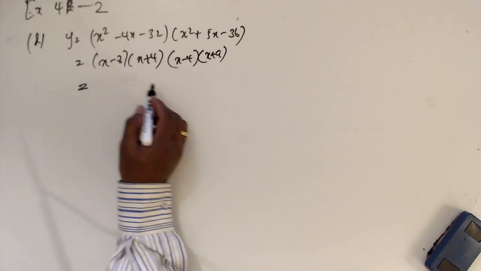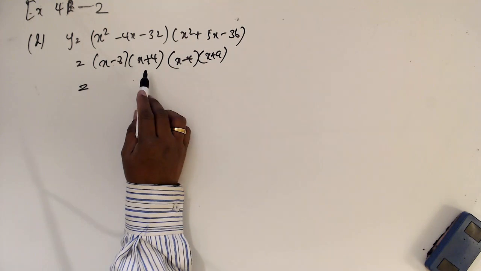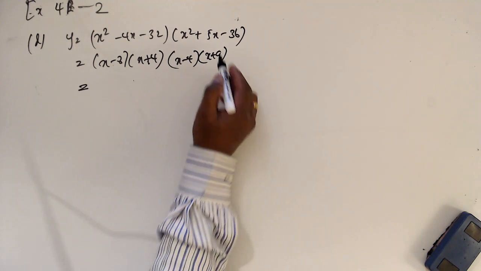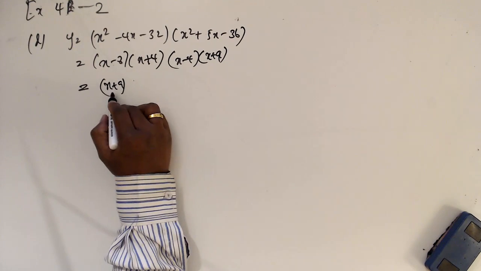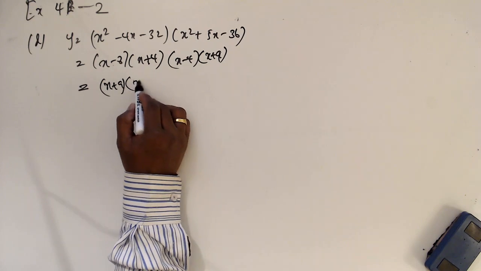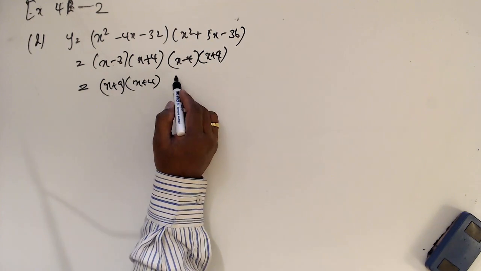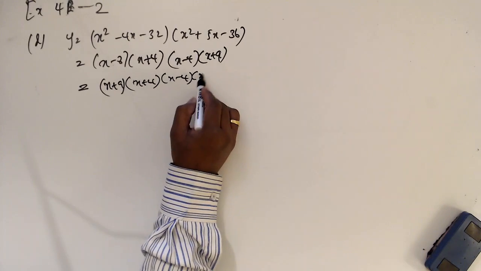Now minus times, this is 9. I will rewrite like this, (x + 9), because this is going to give -9, then (x + 4), (x - 4), then (x - 8).